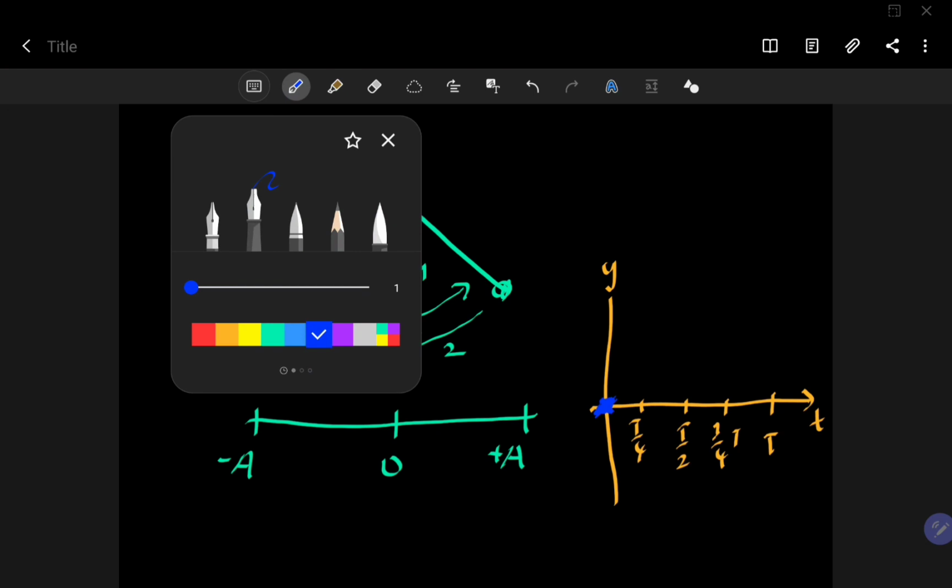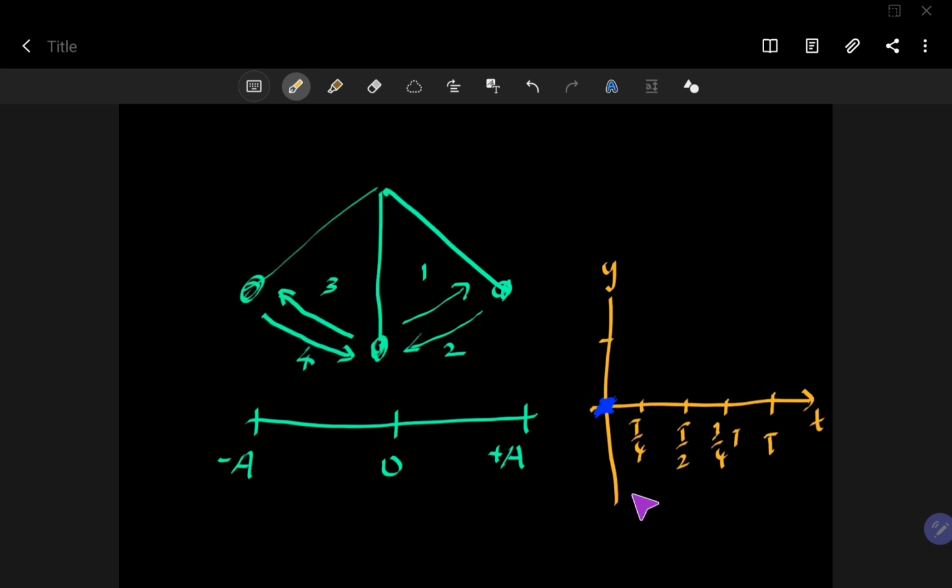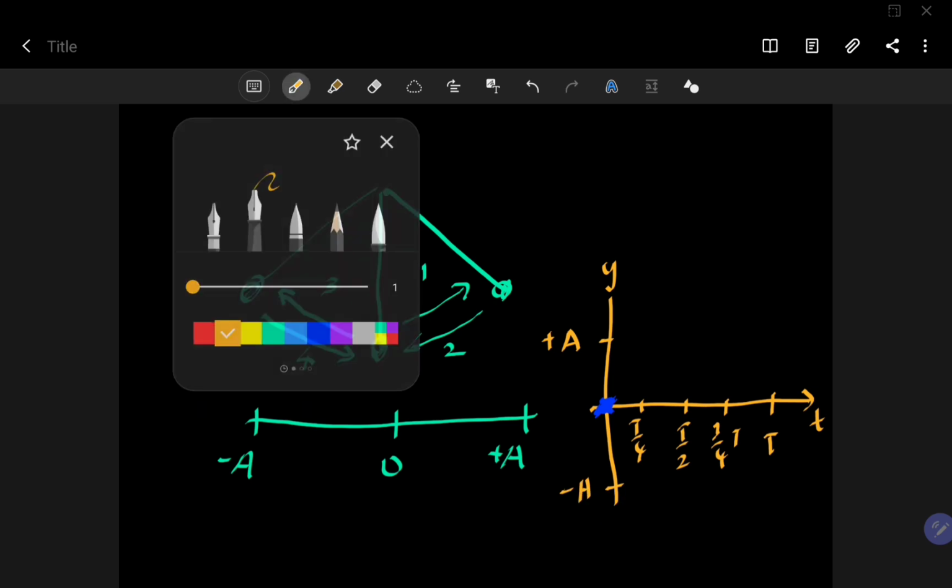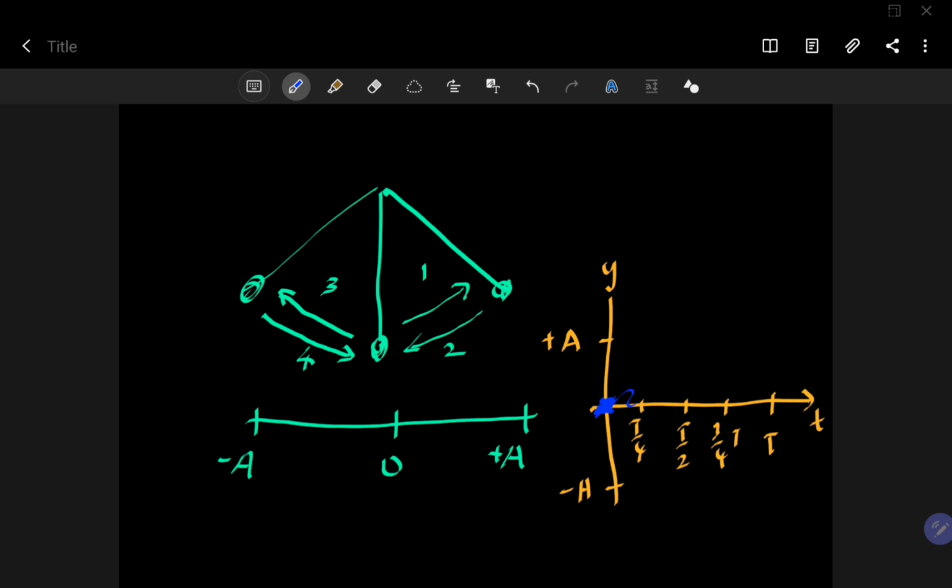One more thing, something is missing here. This is the positive amplitude and the negative amplitude. Firstly, the object is located at the equilibrium, and then it reaches the amplitude after a quarter period. It reaches the amplitude, then turns back to the equilibrium.